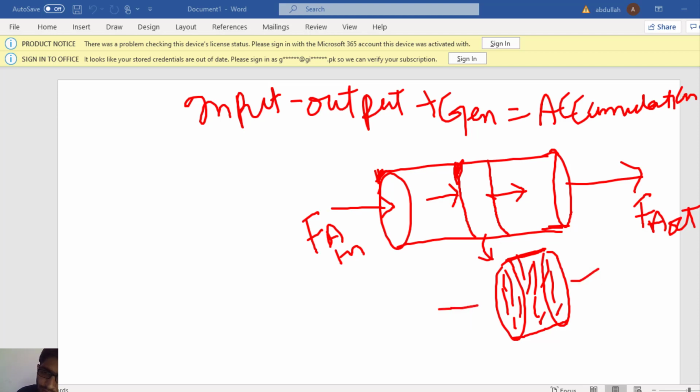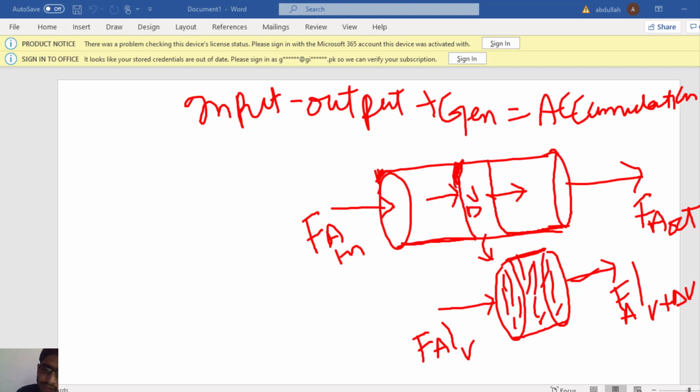The flow rate of A here is FA at volume V, and this is the flow rate of A at volume V plus delta V. This is the small volume.